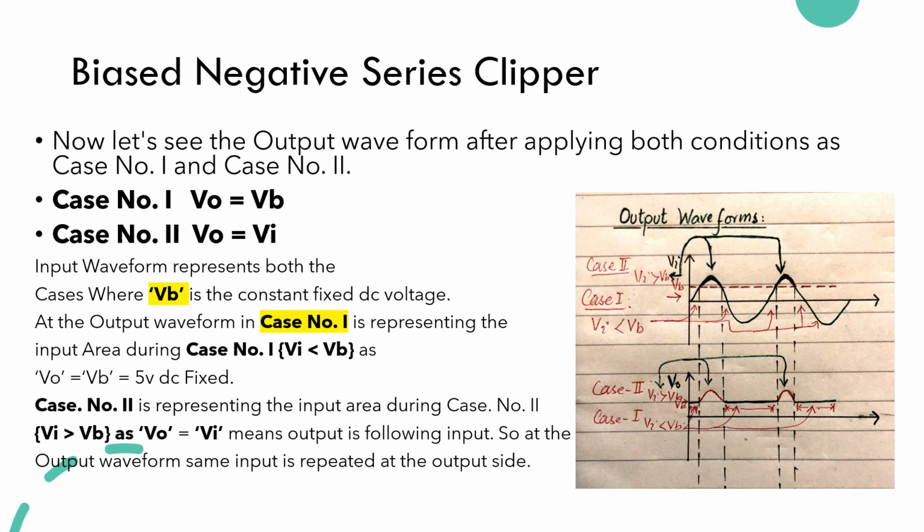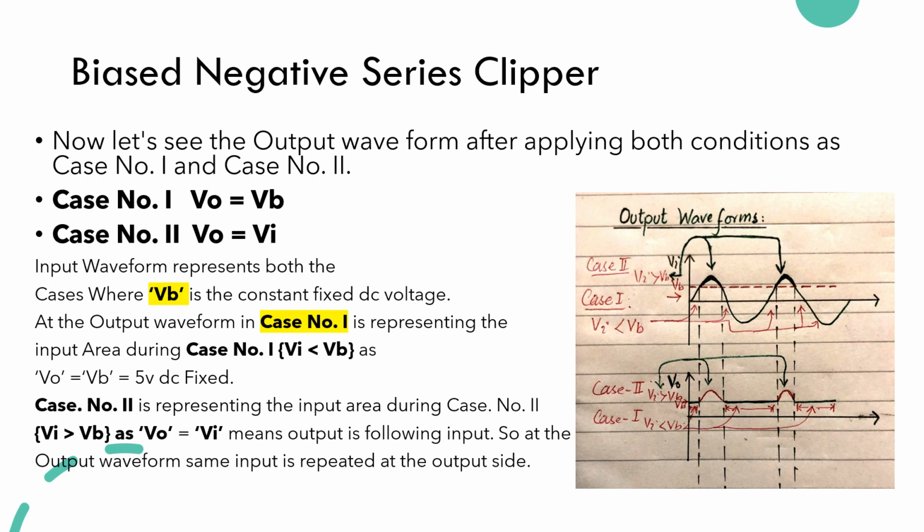Now the second thing is the areas pointed to in this Vinput waveform, according to case 1 when Vi is less than Vb, with the red arrows, and according to case number 2, which is Vi greater than Vb, with the black arrows.